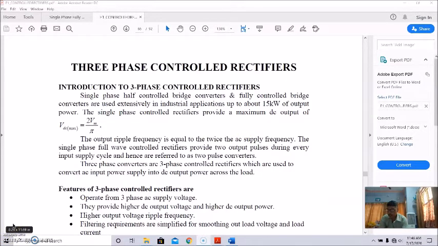Actually, there are different types of three-phase control rectifiers. Particularly, three-phase control rectifiers may be half-wave control rectifiers and full-wave bridge rectifiers. So half-wave control rectifiers are further subdivided into three-phase half-wave control rectifier, that is commonly known as three-pulse converters, and also another subdivision is six-phase half-wave controlled rectifiers, that is known as six-pulse converters.